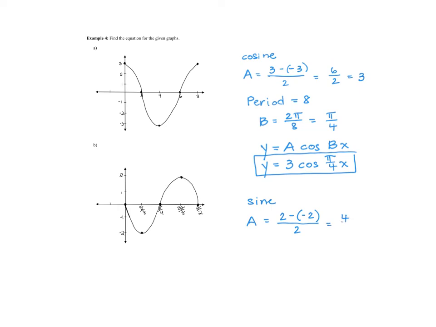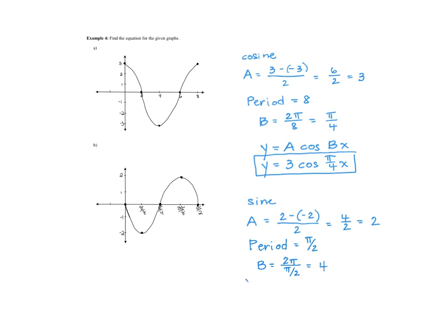So that'll be 4/2. So I have an amplitude of 2. The period is pi/2, right? I see the entire sine curve between 0 and pi/2. So b is equal to 2 pi divided by pi/2, or 4.